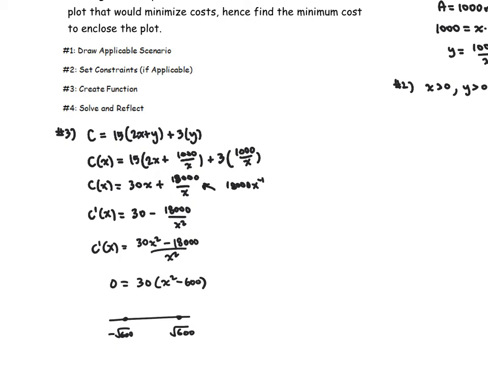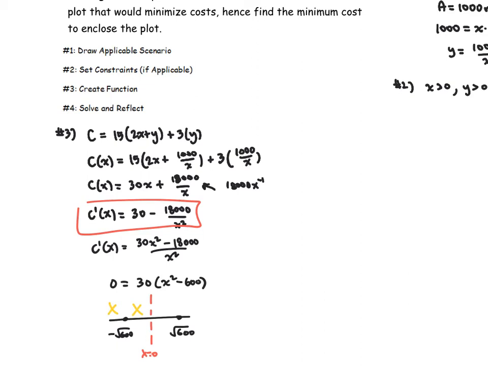If you look at this, I could test values, or I could see clearly that c prime of x cannot equal 0. That's going to be a vertical asymptote. And then anything negative obviously is out, so no negative values.